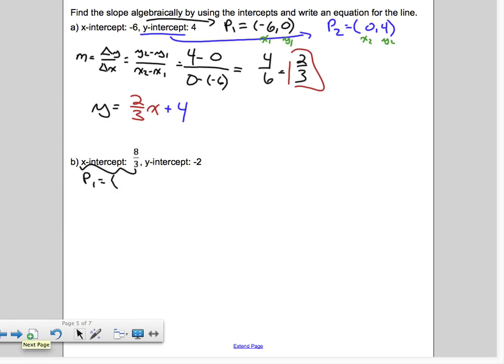What are the actual coordinates of my x-intercept? 8 over 3 comma 0, because that's just my x value. What about my y-intercept? So here x is 0 and y is -2. To do the same thing, we need to choose this as my x1, y1 and x2, y2. Just make sure we explicitly label it, so we don't get confused.